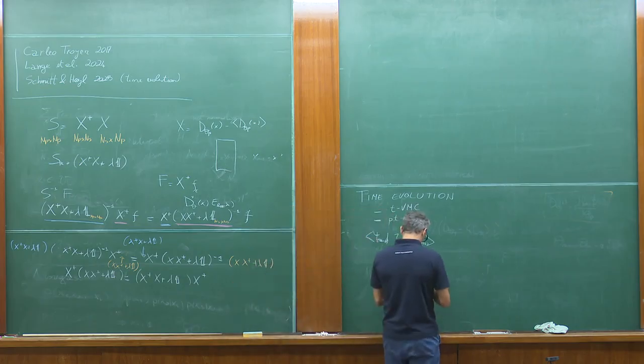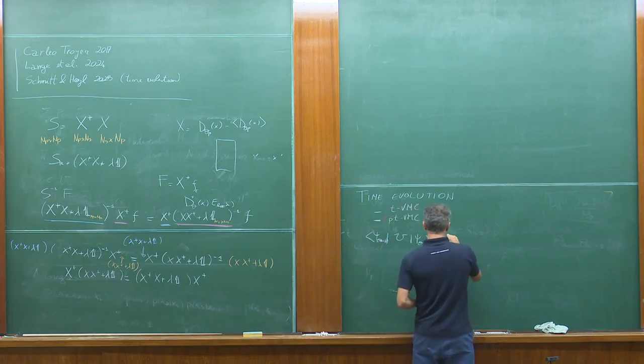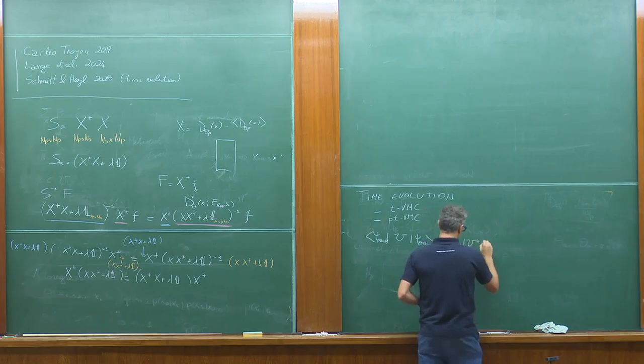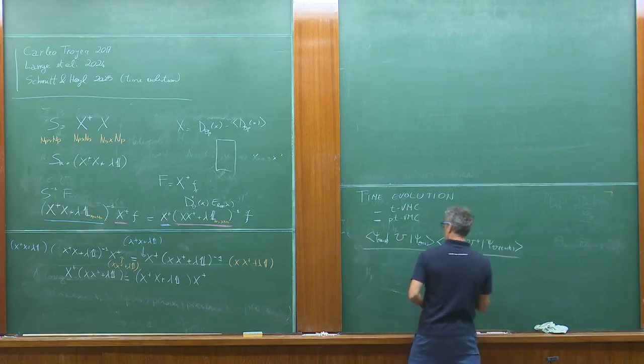And what you can try to do is to reduce the distance, so you can compute some overlap and normalize it.